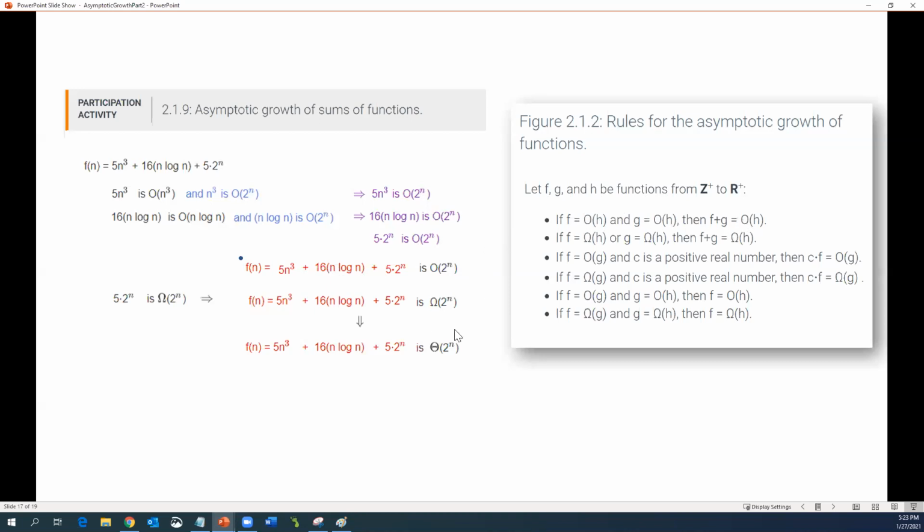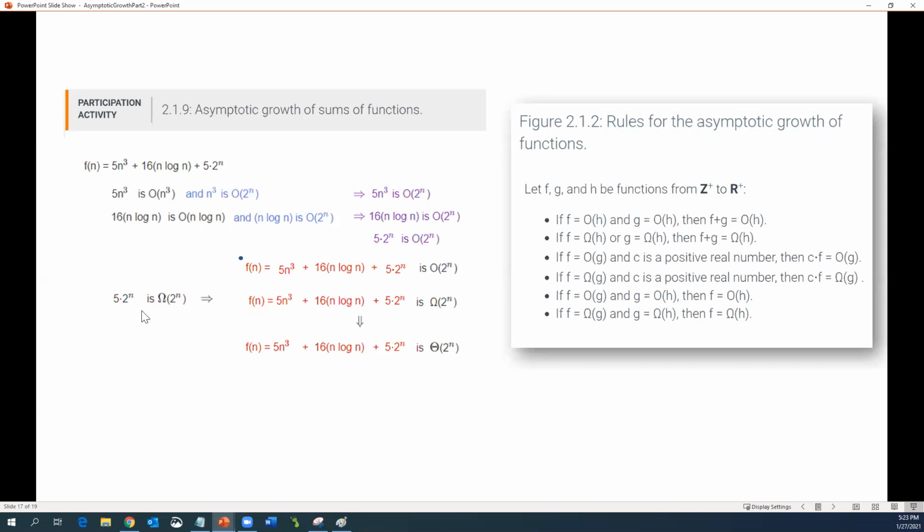Then now we're doing it for omega. First of all, 5 times 2 to the n is omega of 2 to the n.